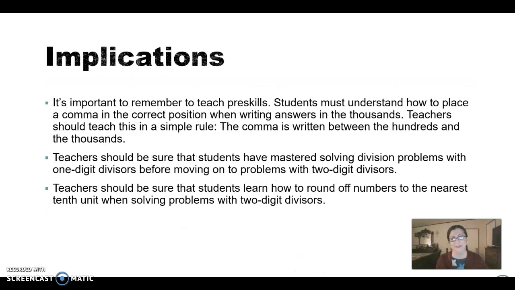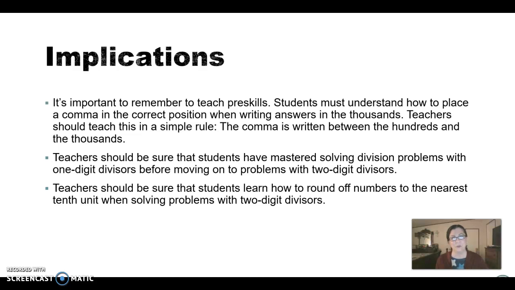And a couple of the implications that I found in the reading is that it's important to remember to teach pre-skills, that students must understand how to place a comma in the correct position when writing answers in the thousands. Teachers should teach this in a simple rule: the comma is written between the hundreds and the thousands. And this is very important.